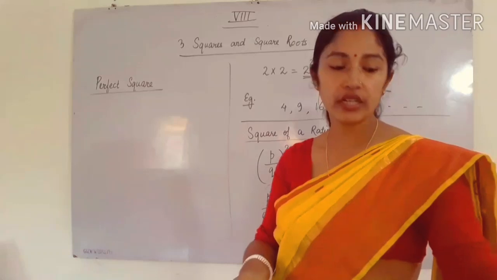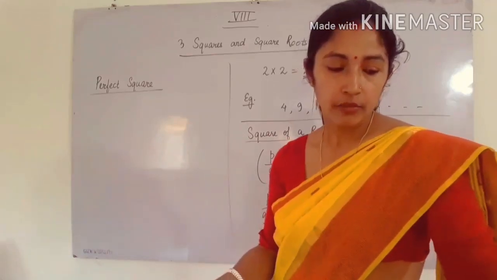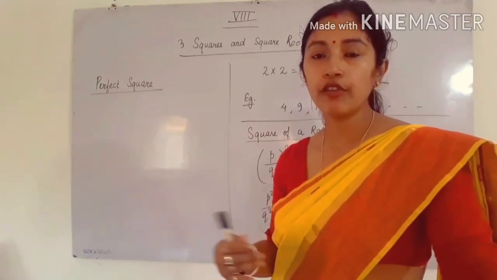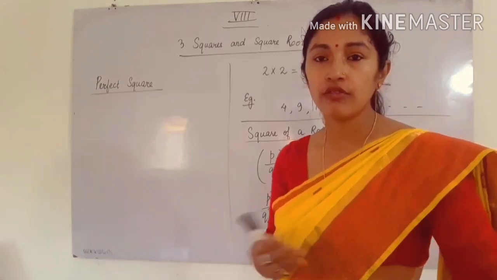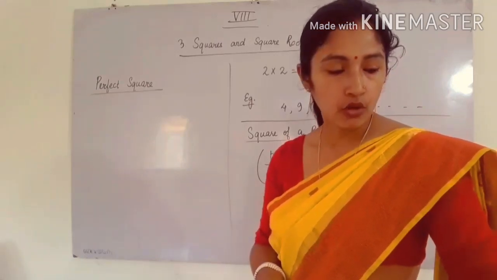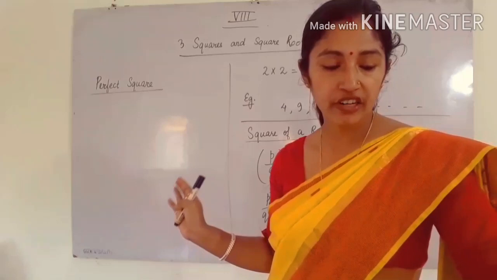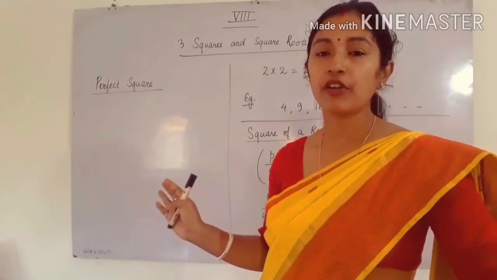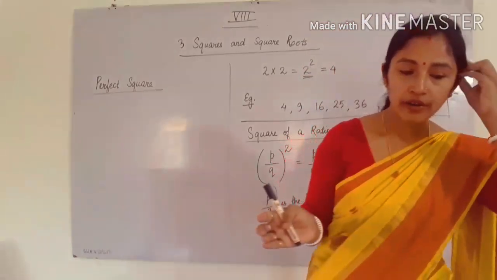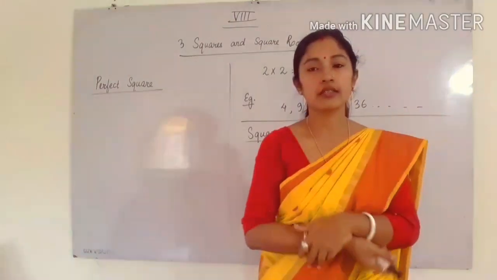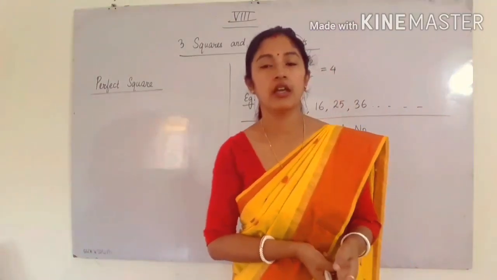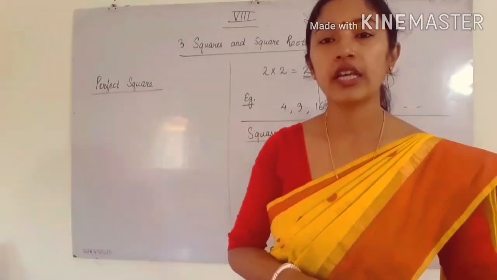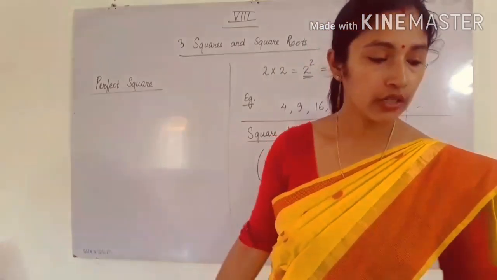Similarly 4 is a perfect square, because we get 4 when we multiply 2 with itself. So this is called a perfect square. Examples of perfect square numbers are 1, 4, 9, 16, 25, 36, 49, and so on.